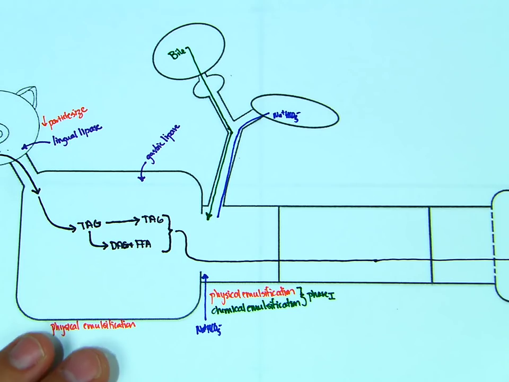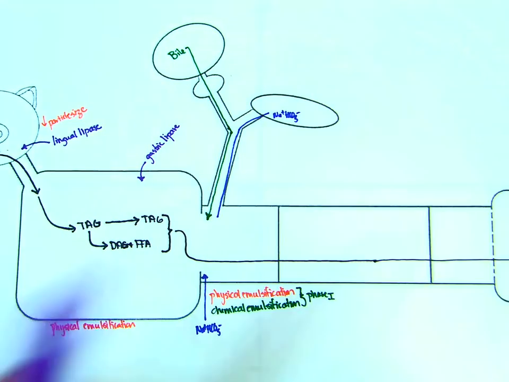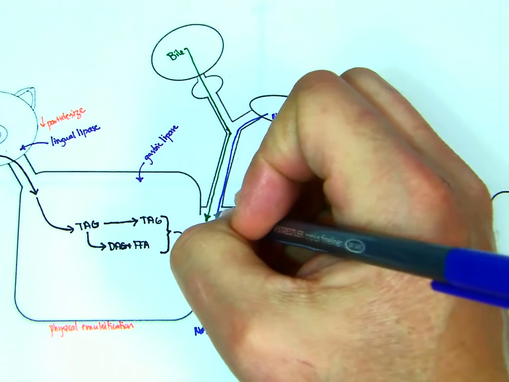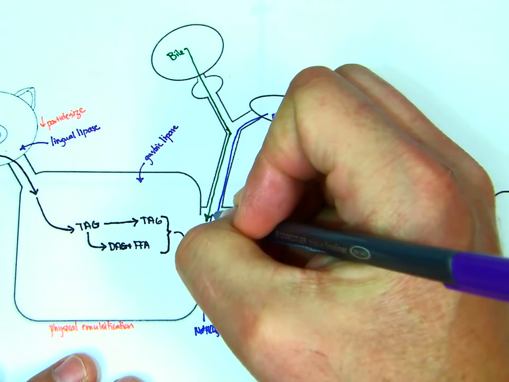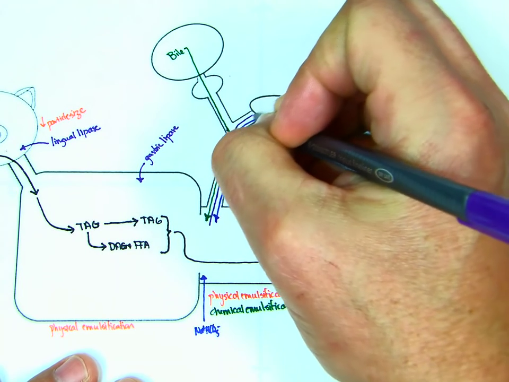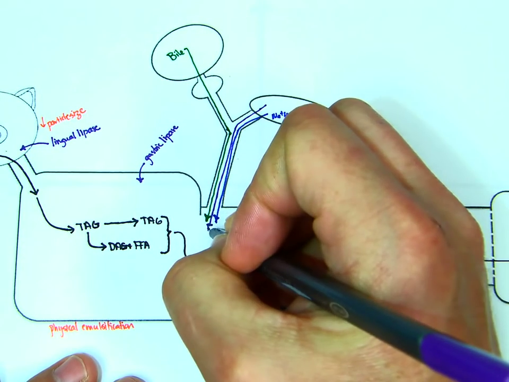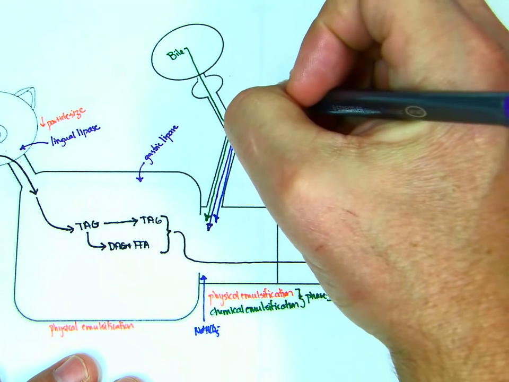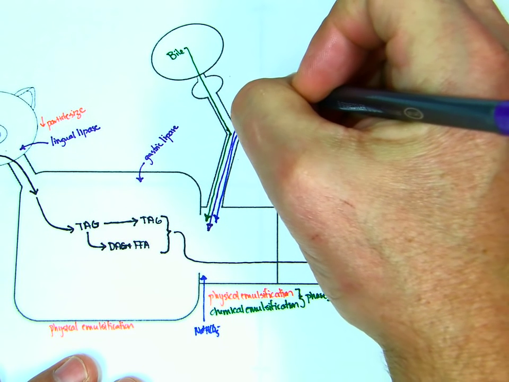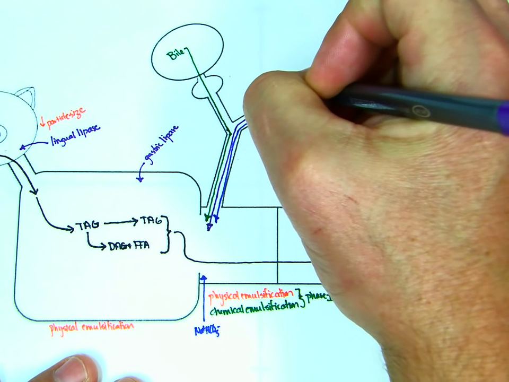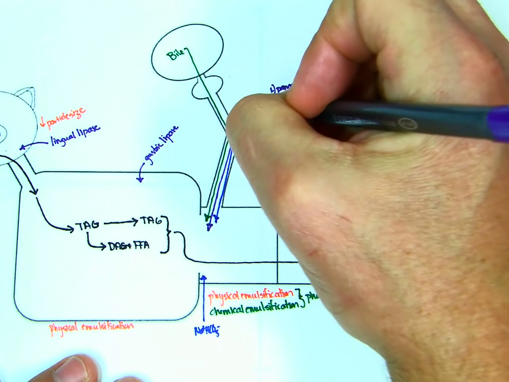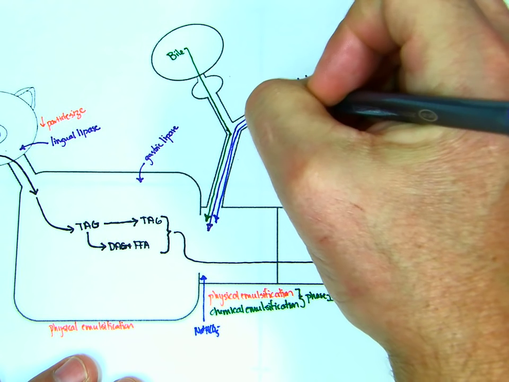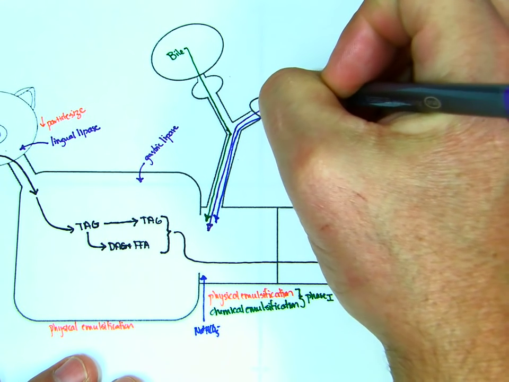And then we're going to have the addition of pancreatic lipase, so 2 enzymes, pancreatic lipase, and not really an enzyme, but a helper, pro-co-lipase.